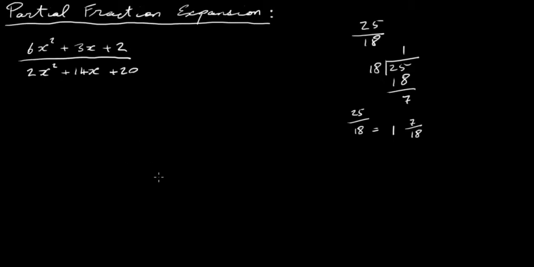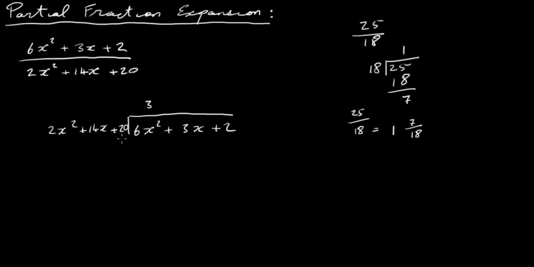So the first thing I've got to do is divide our numerator into our denominator. Let's start that procedure. We have 6x squared plus 3x plus 2, and we're going to divide in 2x squared plus 14x plus 20. First you divide this first term into the first term here, and it goes in 3 times.